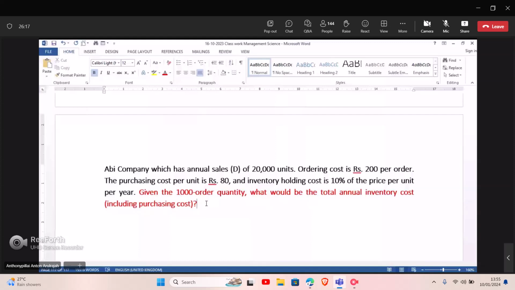So can you try your level best? Very simple. D is there, ordering cost is there, purchasing cost is there. Here 10% is not a discount, the inventory holding cost is 10%. But they are asking for the 1,000 order quantity. What would be the total inventory cost? Okay, can you do it and say quickly?